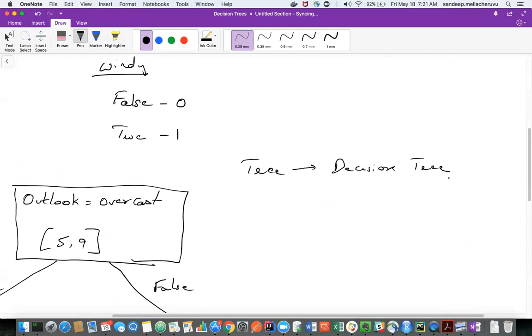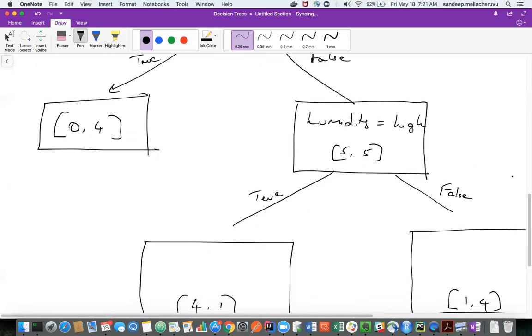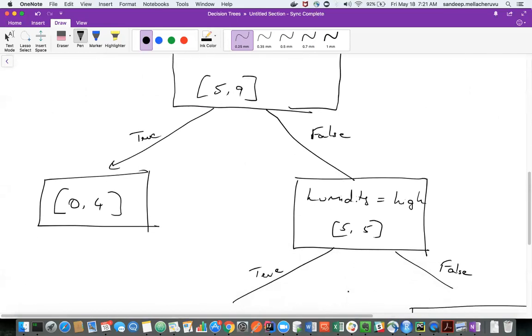In this case, x is you want to play golf, y is you don't want to play golf. To decide that, we are using this tree. This tree is going to split the data based on some values of the variables, and it is going to give some counts.